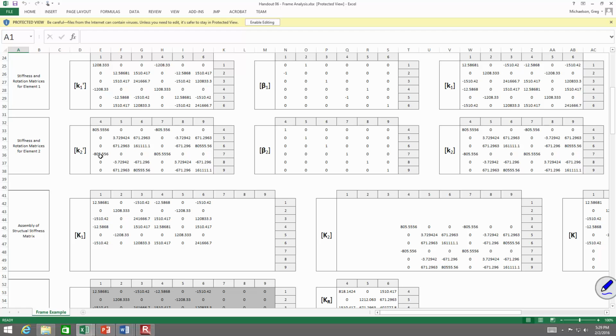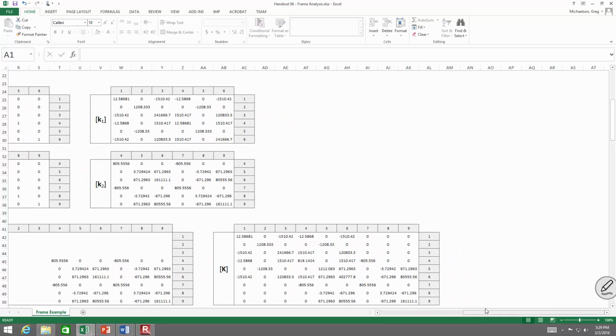Second element, local stiffness matrix, rotate it into a global stiffness matrix. Those terms go here, okay? Assemble them into a global stiffness matrix for the whole thing. Everybody good?